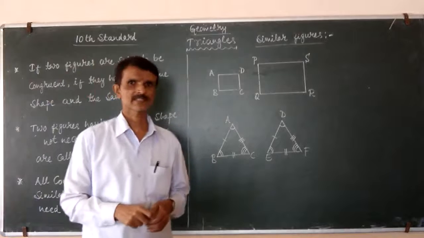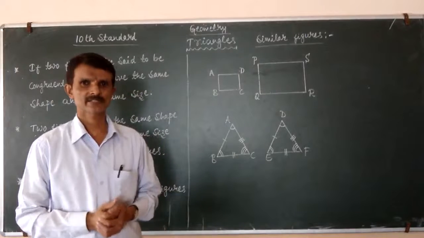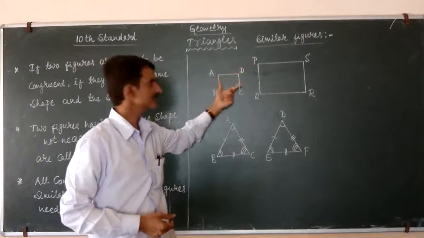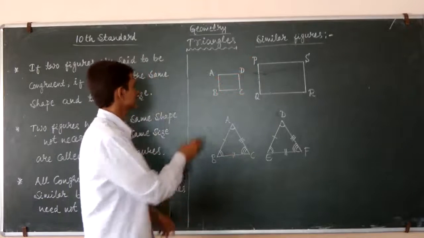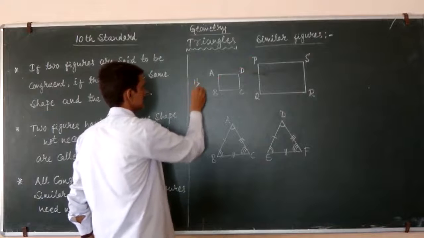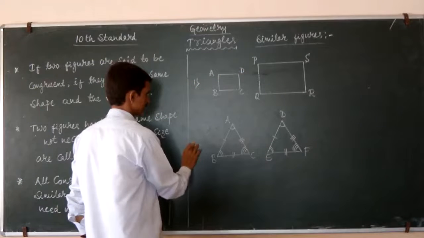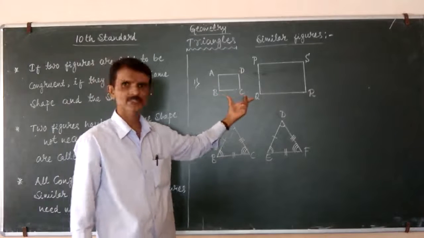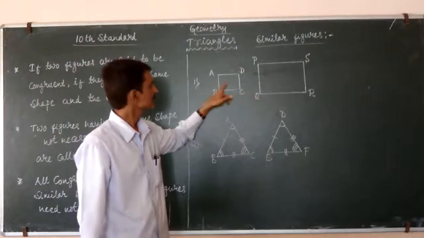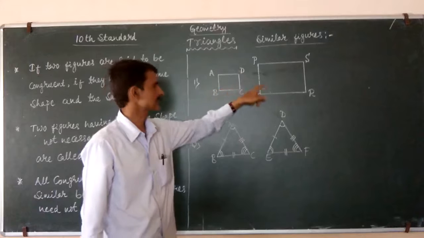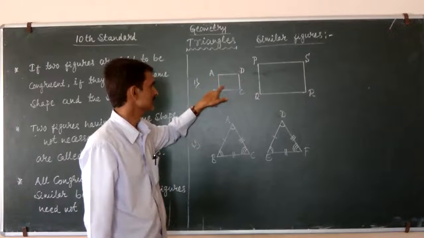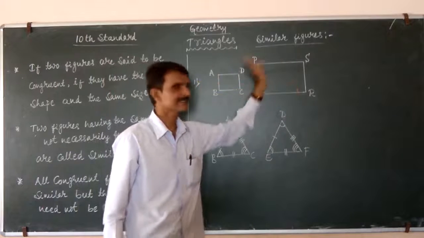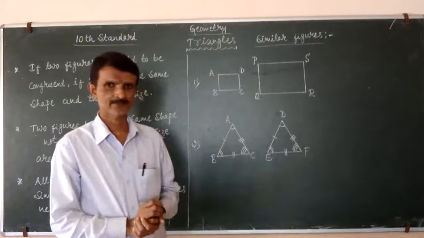Now, students, you will see similar figures. If you observe the first group of figures, these two are rectangles. ABCD is a rectangle, and PQRS is also a rectangle.